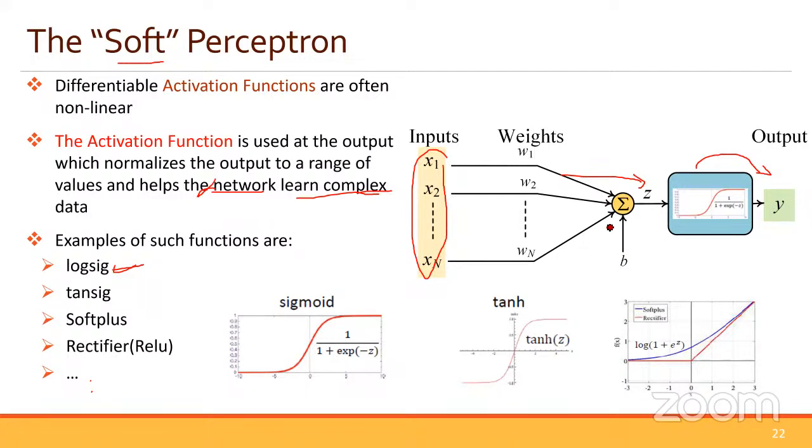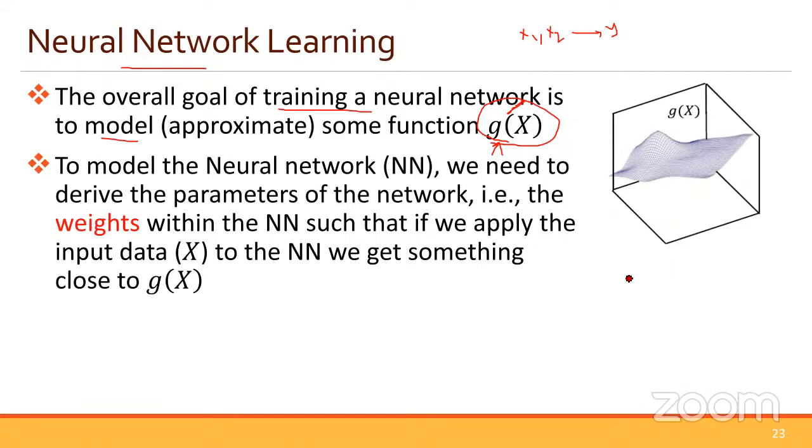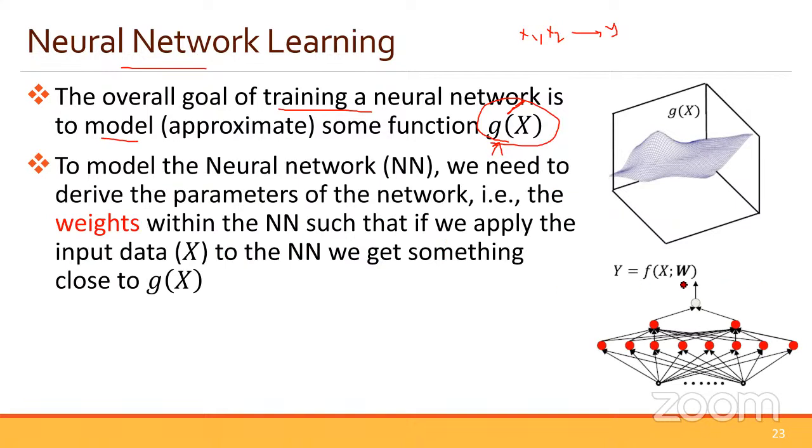So what we are trying to find are the weights and the biases, in addition to the transfer function, that give us the base value of your output. This is the one that's coming from the model, and this is the reality, the g of x.